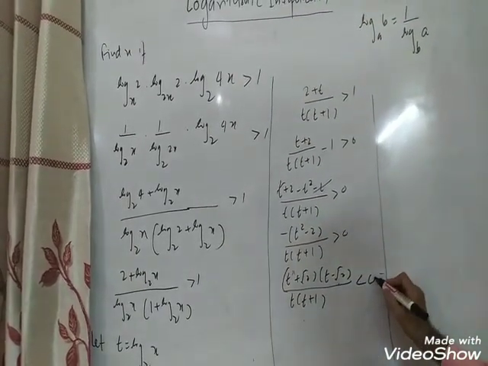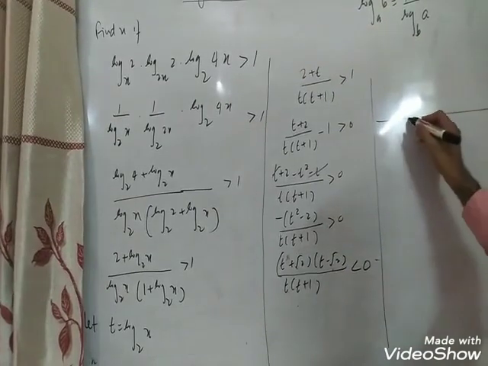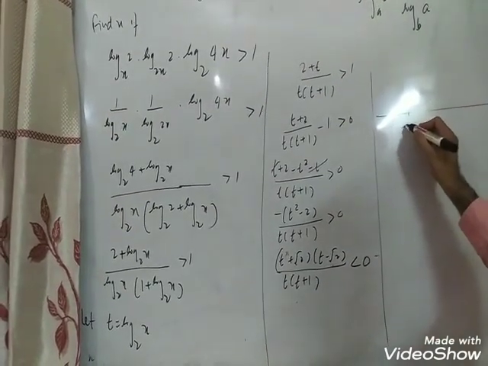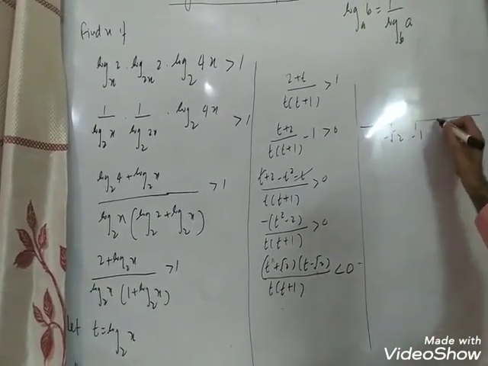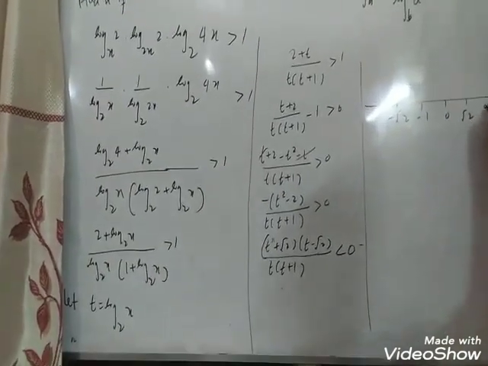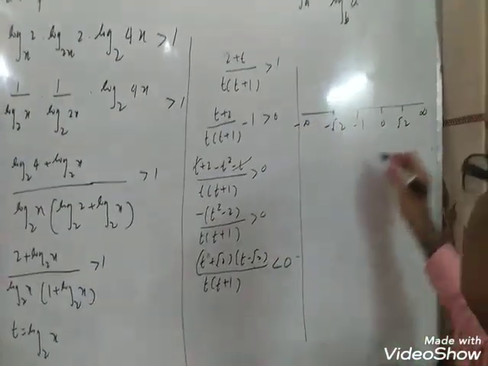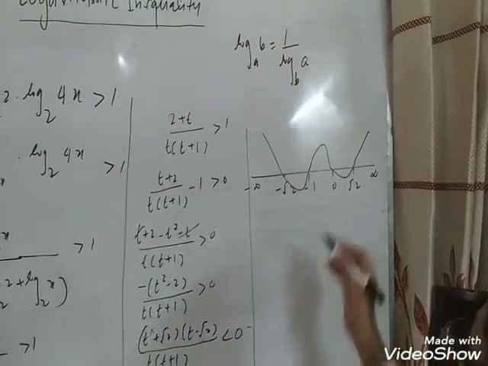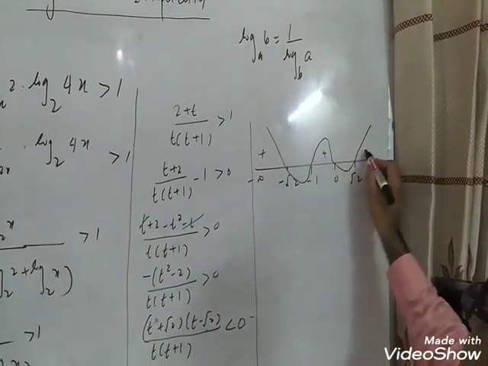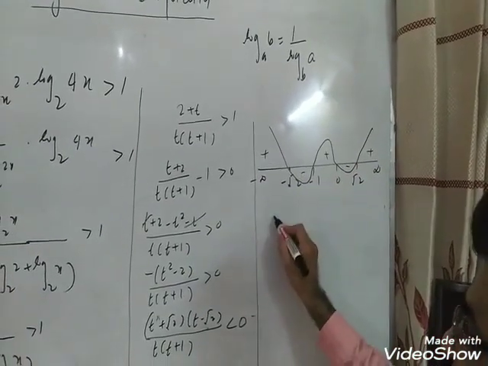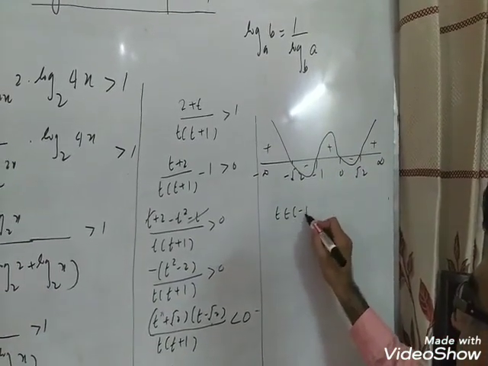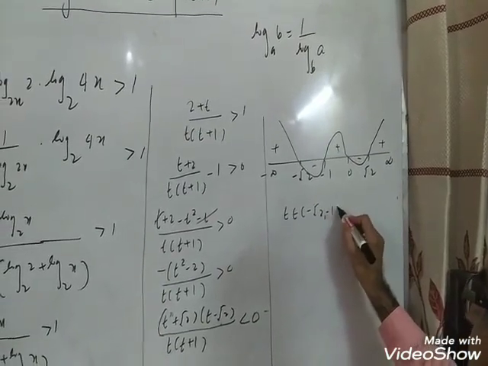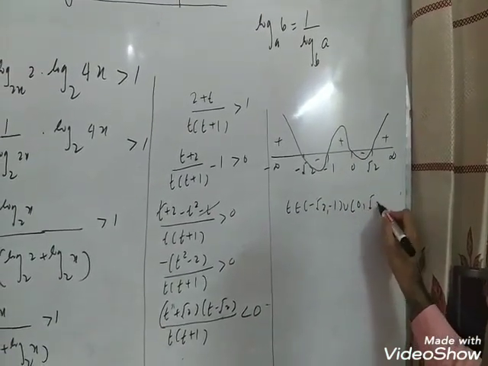Now we are taking minus root 2, minus 1, 0, root 2, infinite and minus infinite. So we can use the Wavy-Curve method as we have discussed in previous videos: positive, positive, positive, negative, negative. It means t lies in between minus root 2 to minus 1, union 0 to root 2.